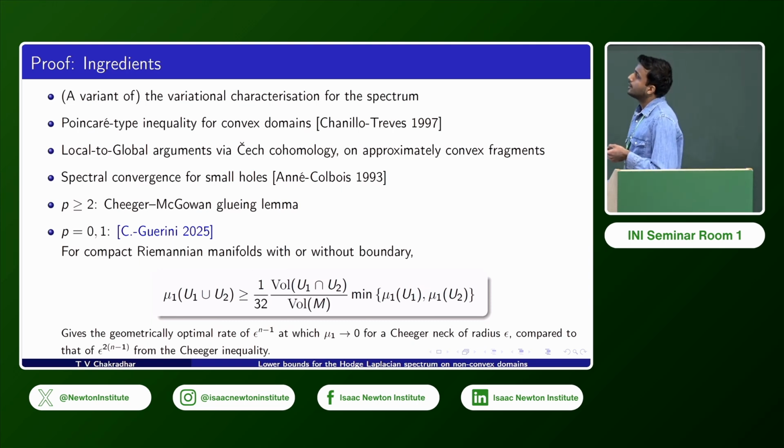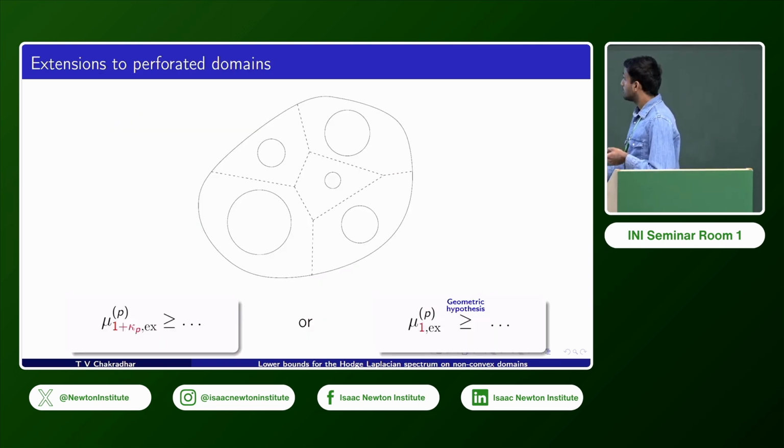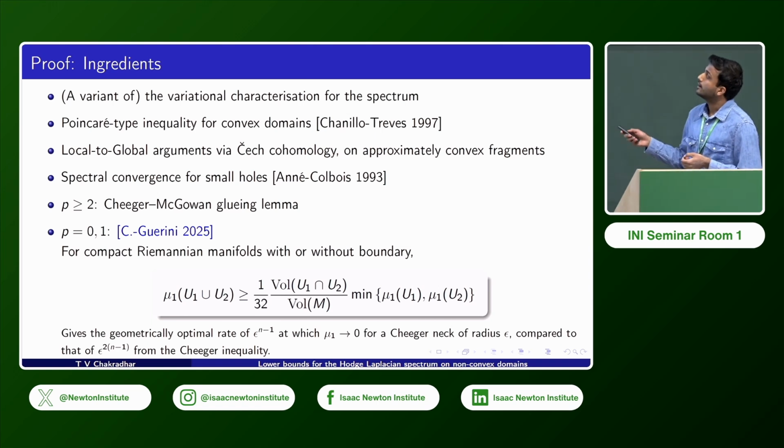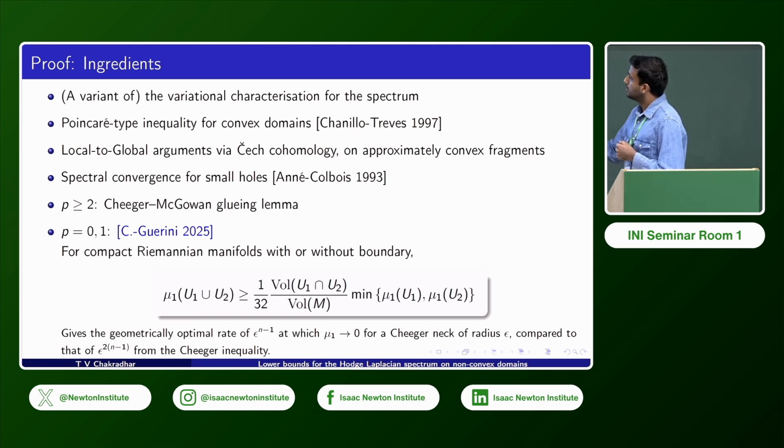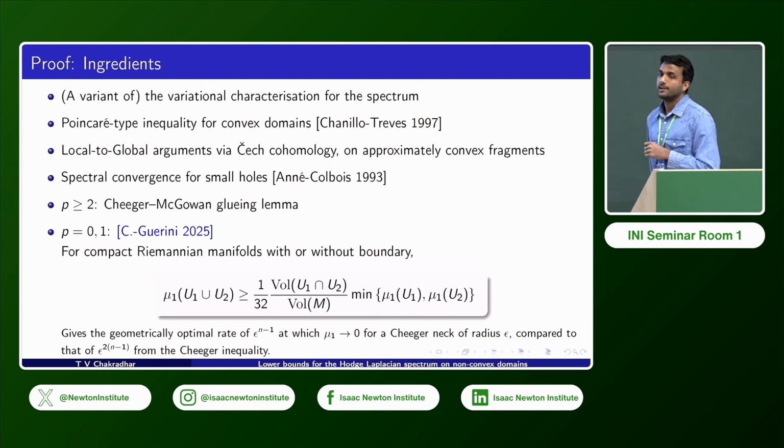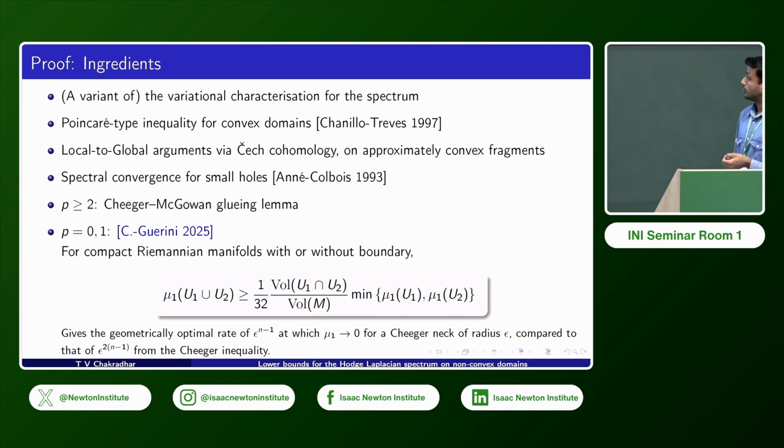And for higher p we have the so-called Cheeger-McGowan gluing lemma. And for functions, I'd like to highlight this result, which also gives a version of lower bounds like Cheeger's, but in some way better than that. For a Cheeger neck of radius epsilon, we get an optimal rate, unlike what we have from the Cheeger inequality.